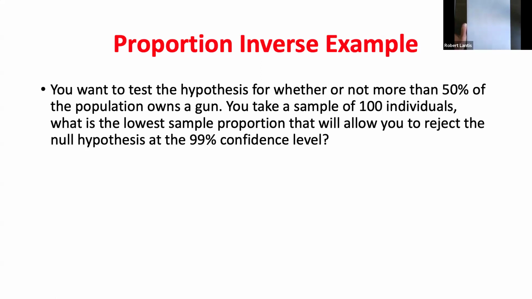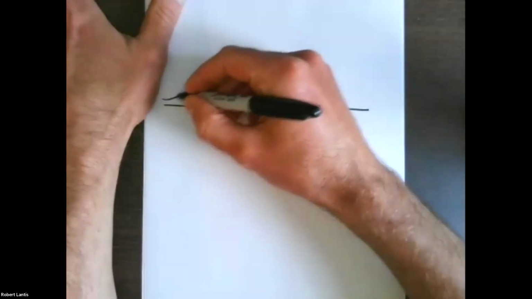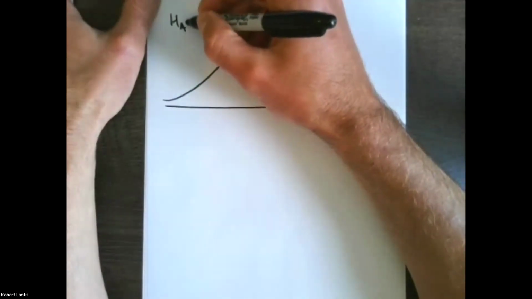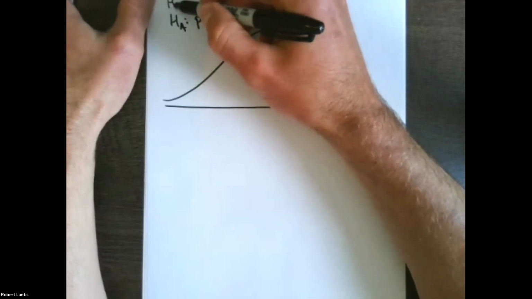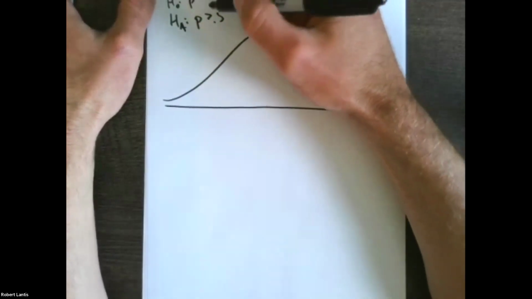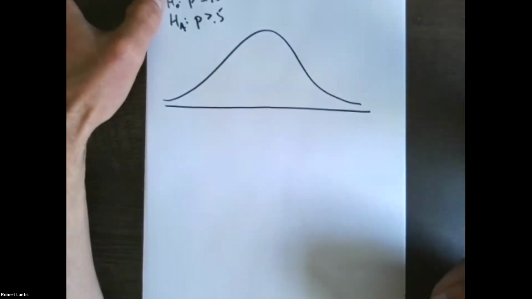So the way that I'll do this is here, let's go over here. We still have this alternative hypothesis, which is that the proportion is greater than 0.5. I'll assume that, in fact, it's less than or equal to 0.5, right?